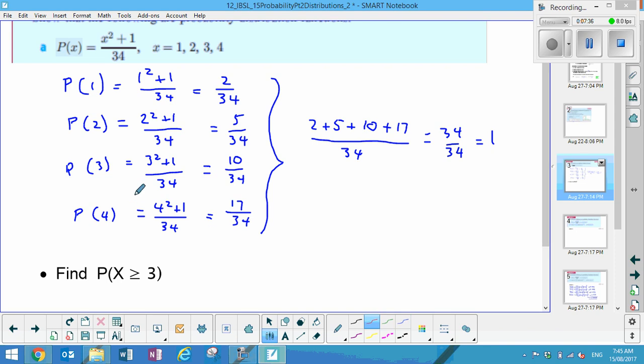So that means we want these values here. What's the chance of getting x is greater than or equal to 3? Will be 10 over 34 plus, that's a 4, plus 17 over 34 equals 27 over 34.